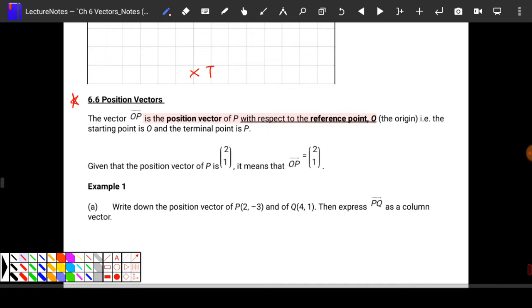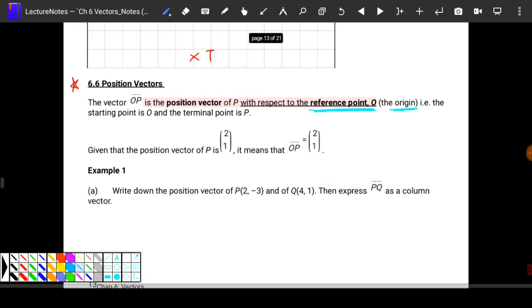Now position vector means reference from point origin. Okay? So if I tell you position vector of P is (2, 1), it means that OP is (2, 1).